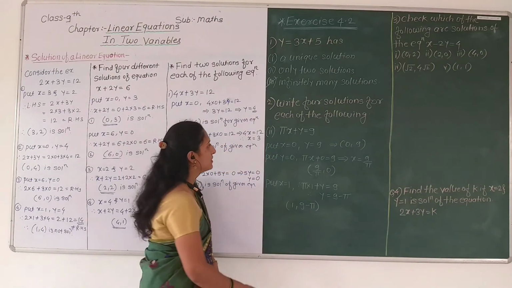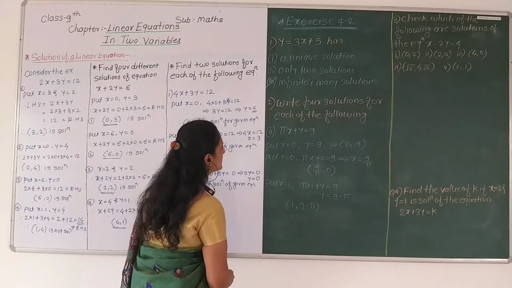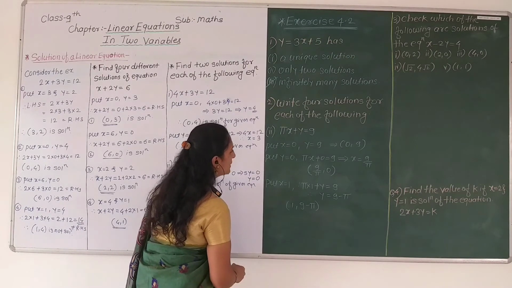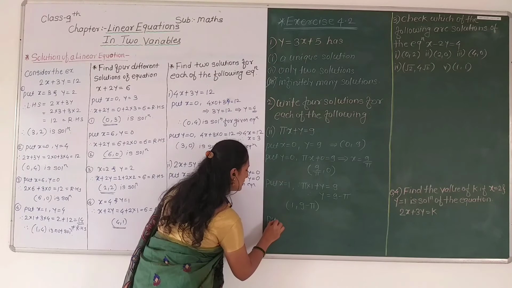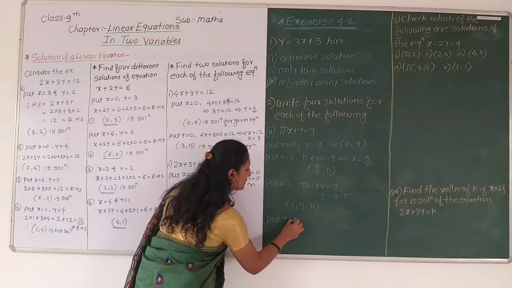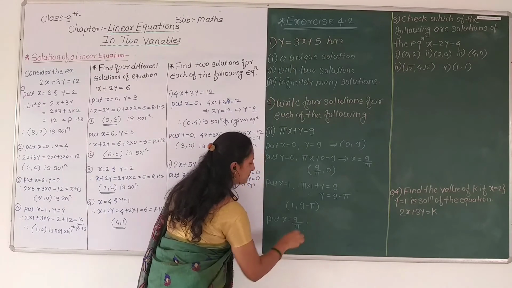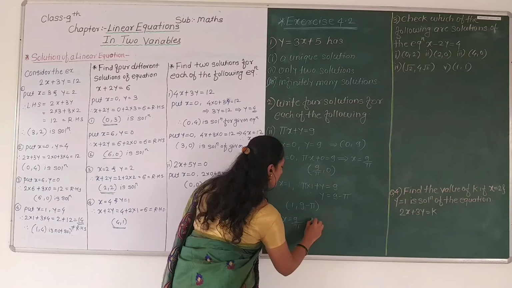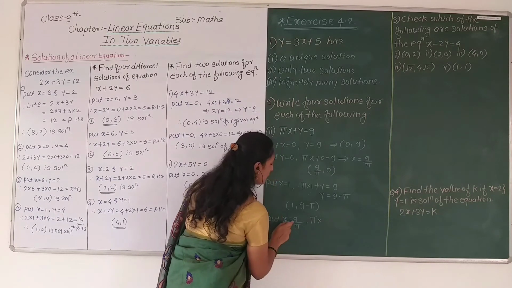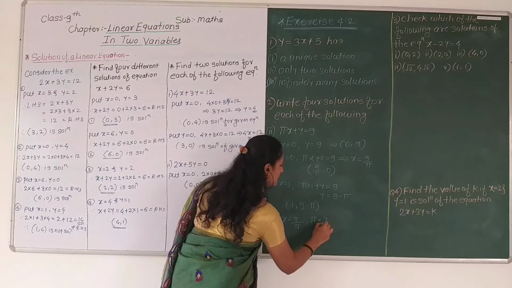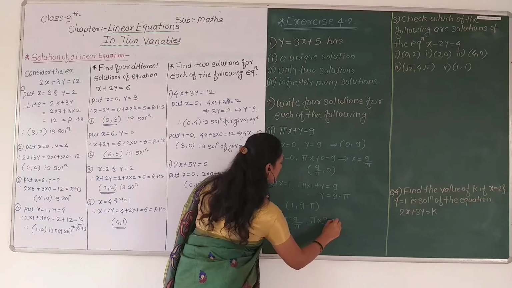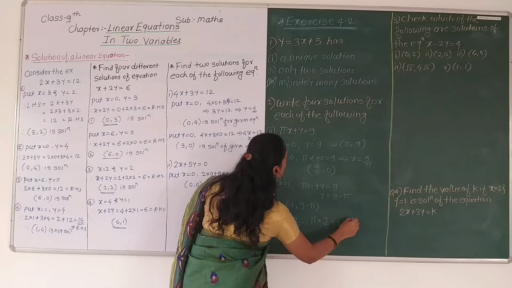Now if I substitute x is equal to 9 upon pi, you can substitute any value as your choice, right? Pi into the value of x, 9 upon pi, plus y is equal to 9.